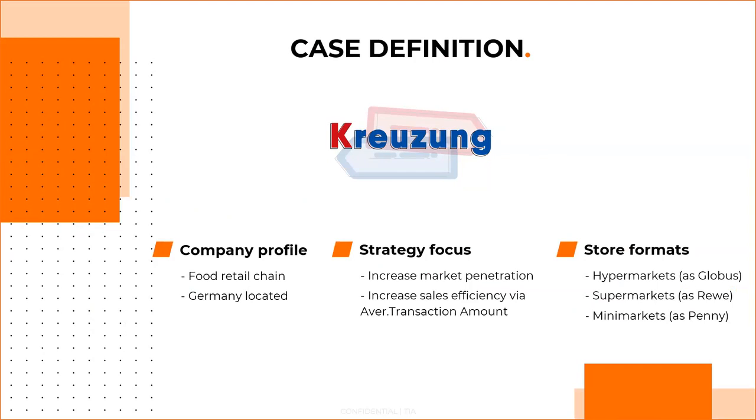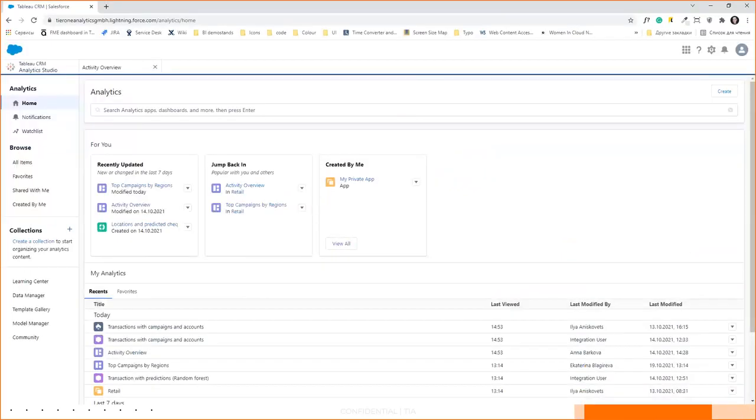Let's take a look at how this marketing manager can succeed with such an ambitious aim. To do so, I open my operational dashboard that is built on the merged data from different data sources, and it's called the activity overview.